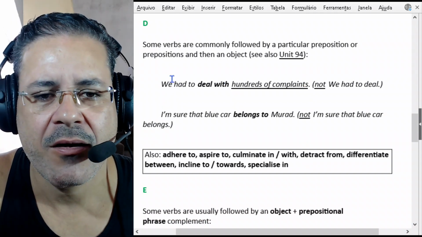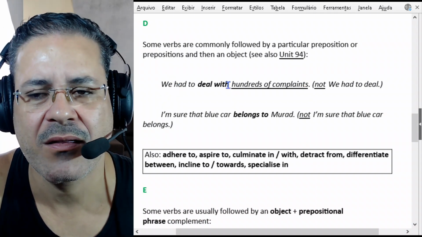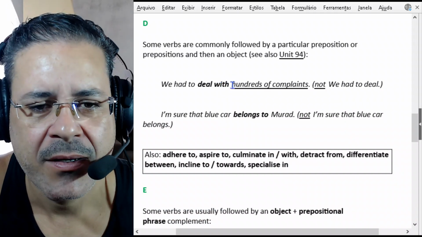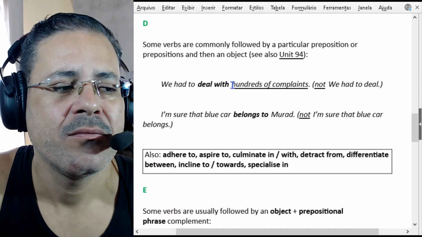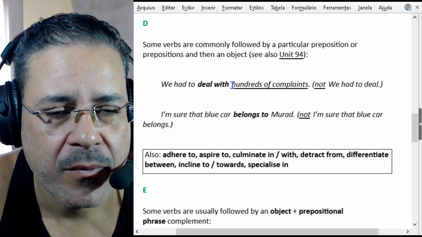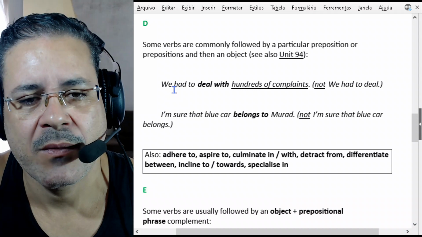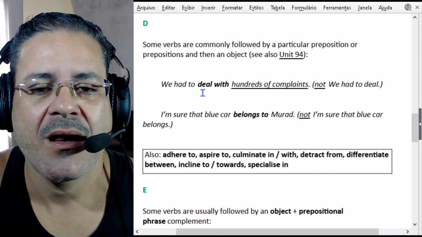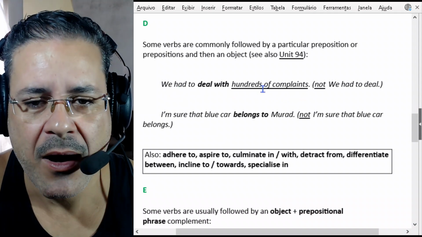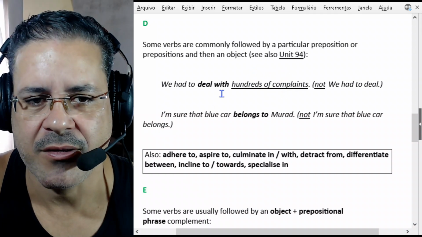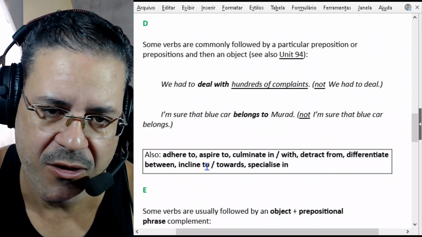You might not say we had to deal with, because the meaning is incomplete. I had to deal with, you had to deal with what? Hundreds of complaints. Oh, okay. We had to deal with hundreds of complaints. This is a pattern specifically used with that kind of verb, or some of those verbs.